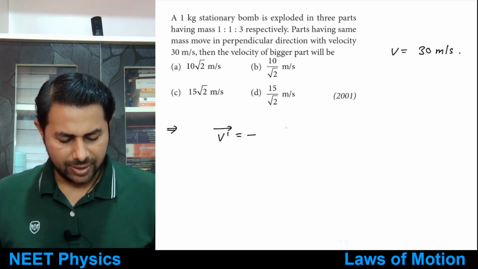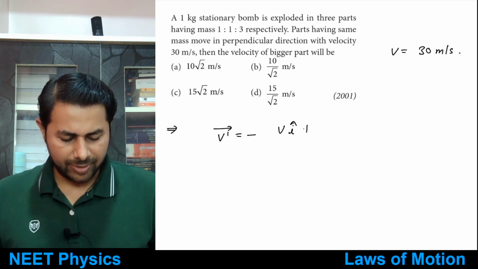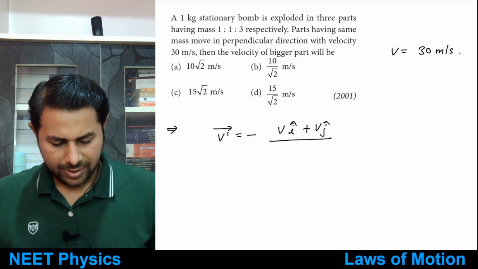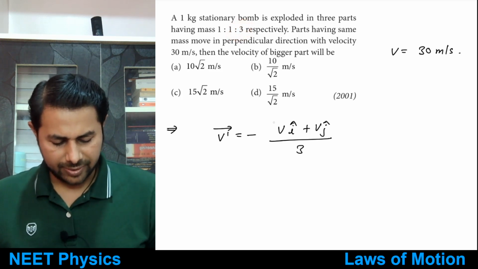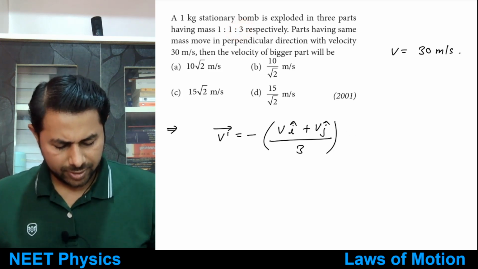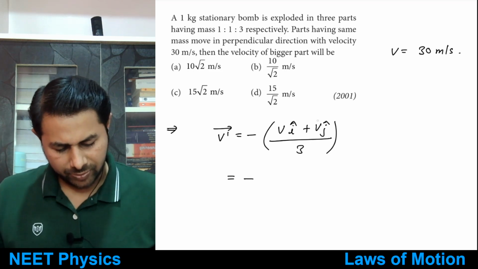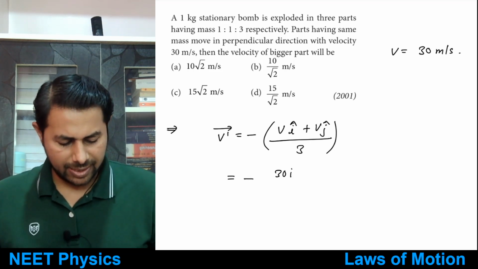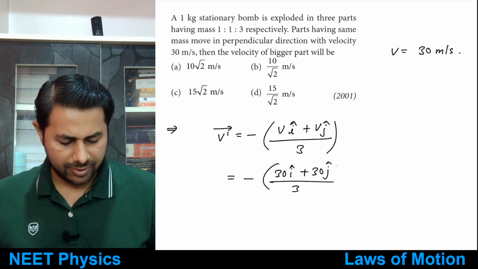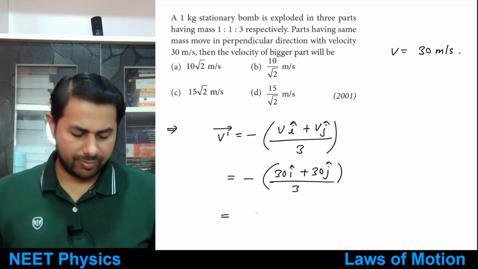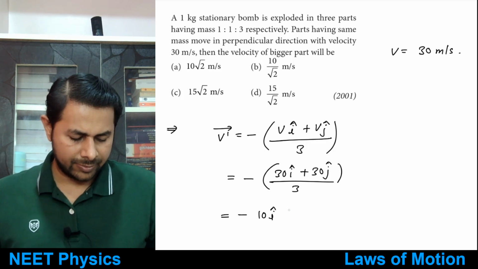Again, let's check. It is v times i cap plus v times j cap, divided by 3. So that's equal to minus of 30 i cap plus 30 j cap divided by 3. So it will be minus 10 i cap plus 10 j cap.